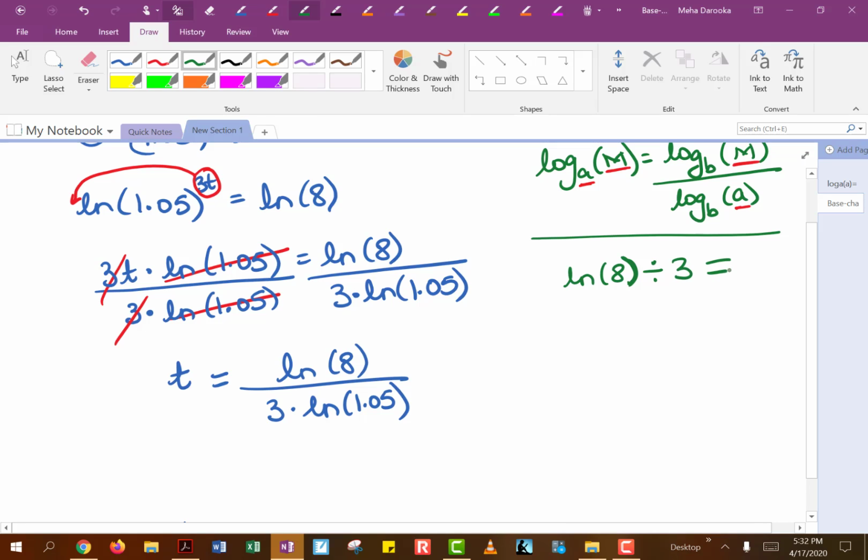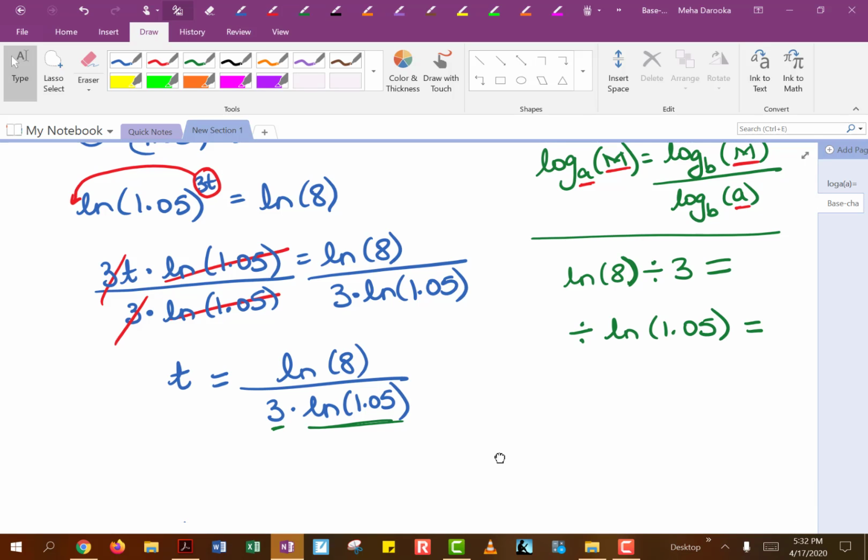Okay, then whatever answer you get, on that answer you will once more divide it by natural log of 1.05 and hit enter again. So basically we're dividing by 3 once, you get your answer, and then you're dividing that answer again by natural log of 1.05. So we're just breaking it up into 2 steps.